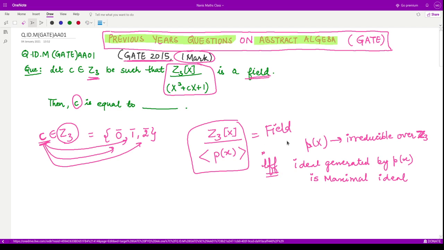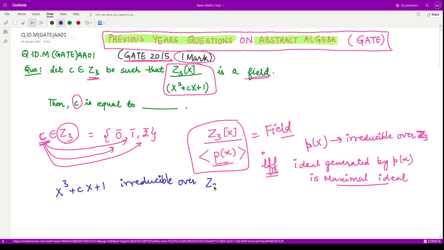So if this thing is a field, that means we have some maximal ideal such that the corresponding polynomial P(x) is irreducible, and conversely, if a polynomial is irreducible, then the ideal generated by that polynomial is a maximal ideal, and hence that structure forms a field. So accordingly, here we are given this is a field, so the polynomial x cube plus cx plus 1 should be irreducible over Z3.